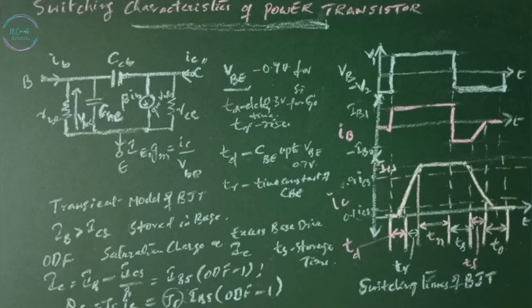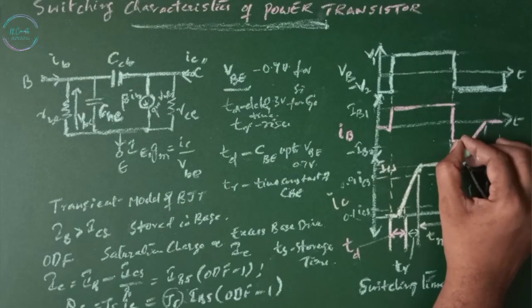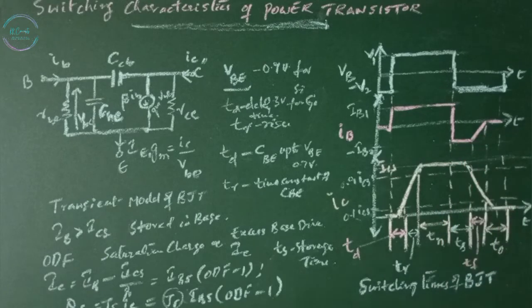Since VBE is still positive at approximately 0.7 volts, the base current reverses its direction due to the change in the polarity of VB from V1 to minus V2. This reverse current minus IB2 helps to discharge the base and removes the extra charge from the base. Without minus IB2, the saturation charge has to be removed entirely by recombination and the storage time would be larger.